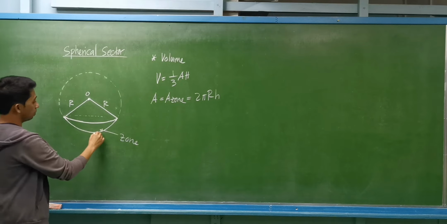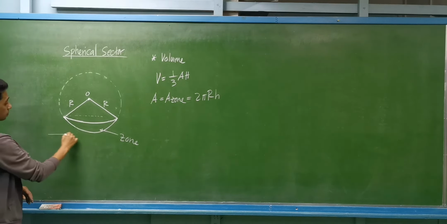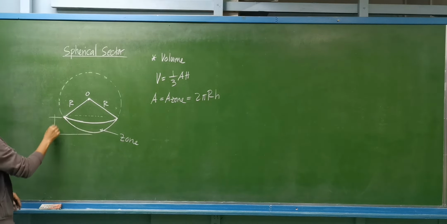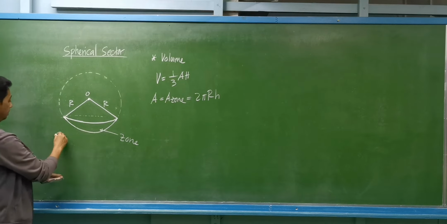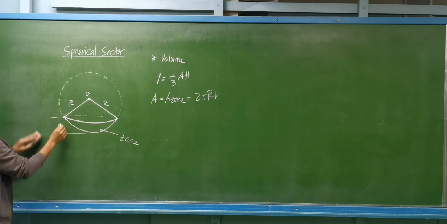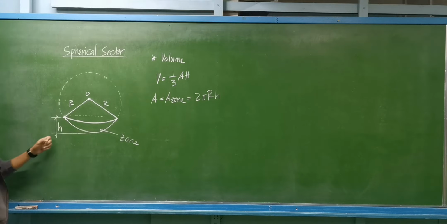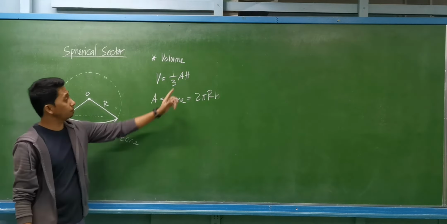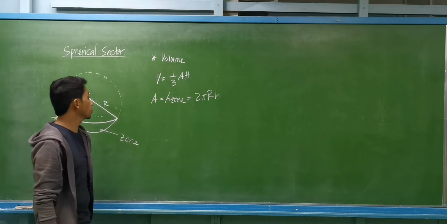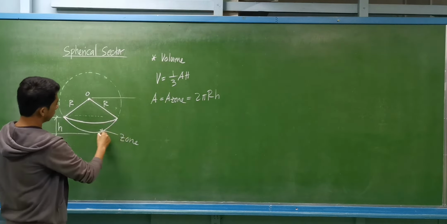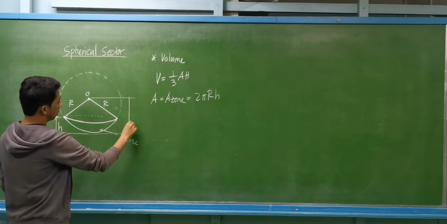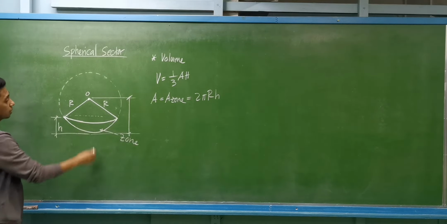So take note that our small h is the height of the zone. So that will be our base area this time. If you are to observe this one, this is the altitude of this spherical sector.